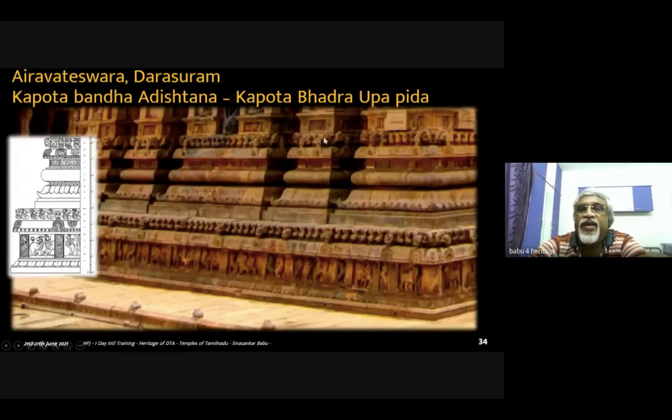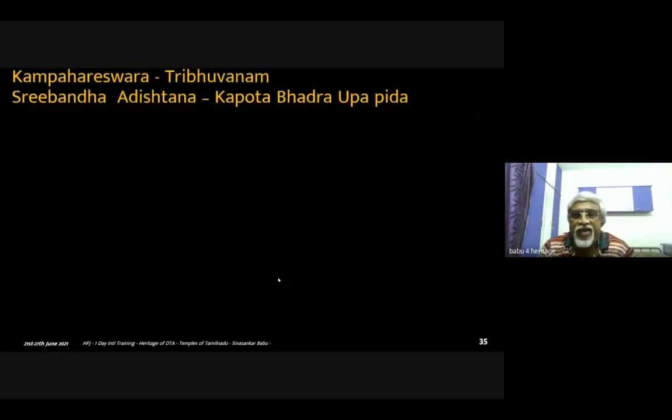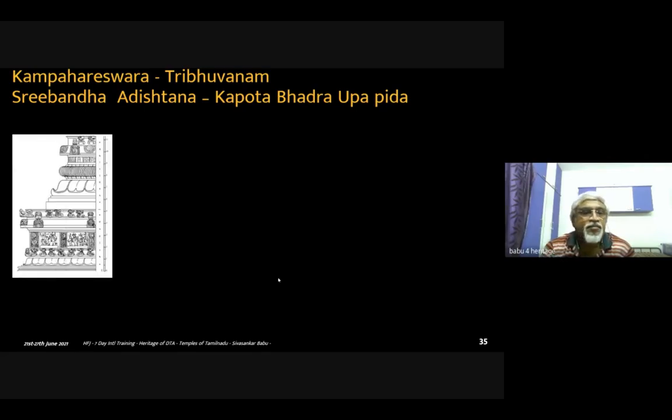Instead of just having a simple base and structure, see how beautifully they have created different members and made it more beautiful and ornamental. This is the beauty of Dravida architecture.